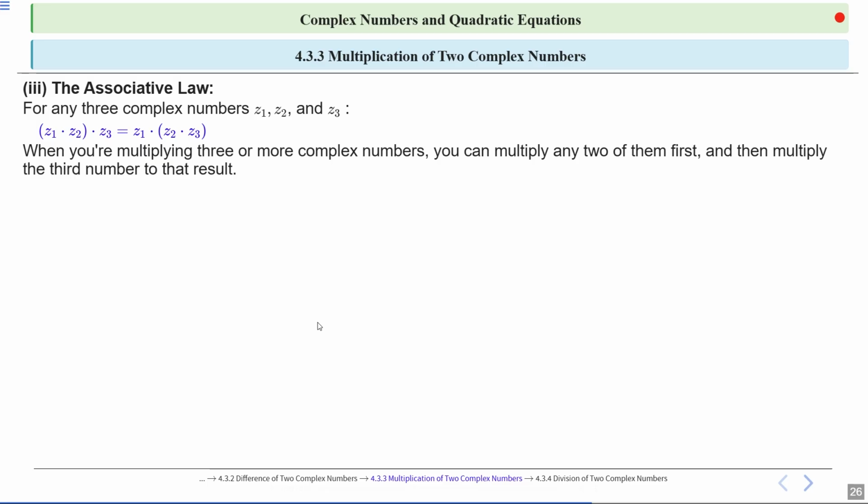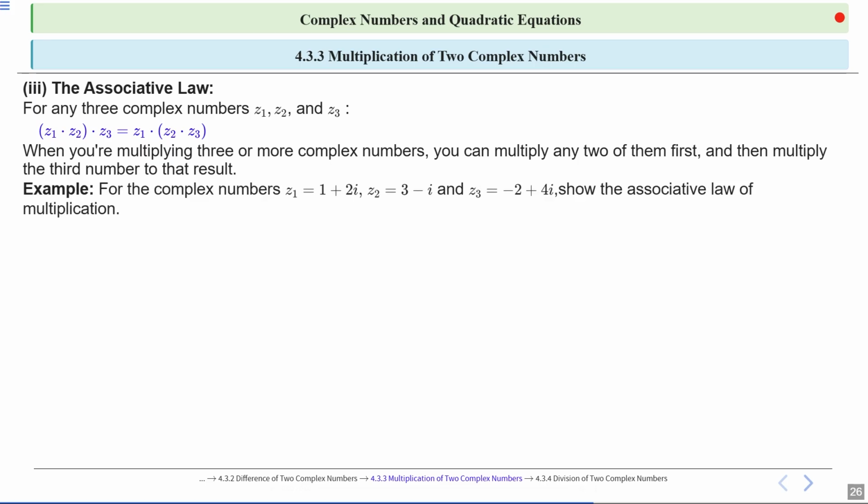When you are multiplying three or more complex numbers, you can multiply any two of them first and then multiply the third number to that result. For example, for the complex numbers z1 equals 1 plus 2 iota, z2 equals 3 minus iota and z3 equals minus 2 plus 4 iota, show the associative law of multiplication.